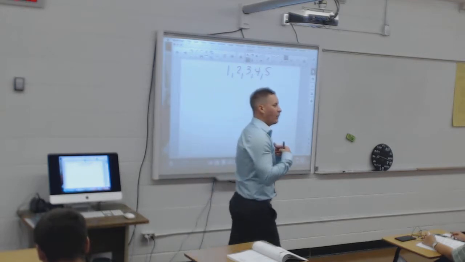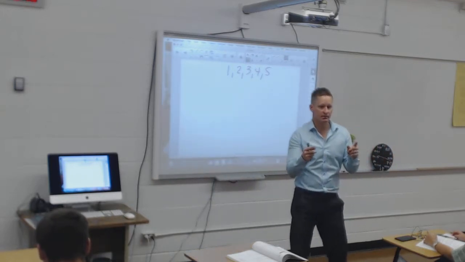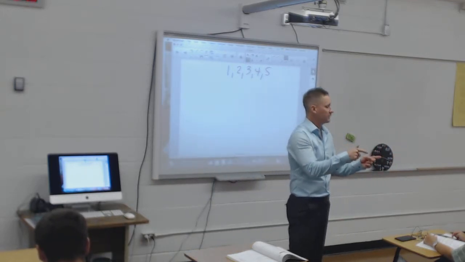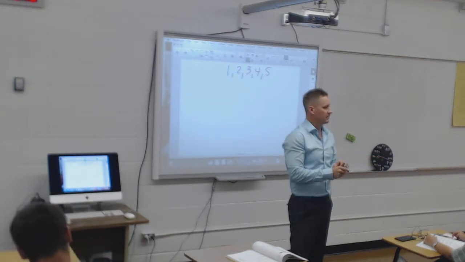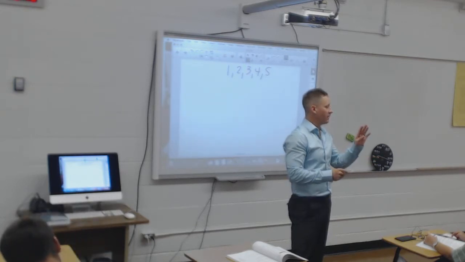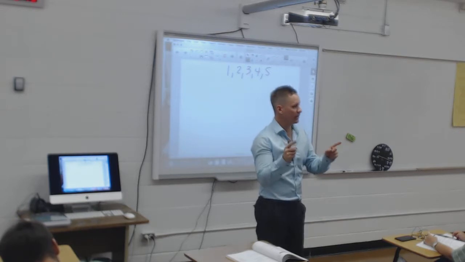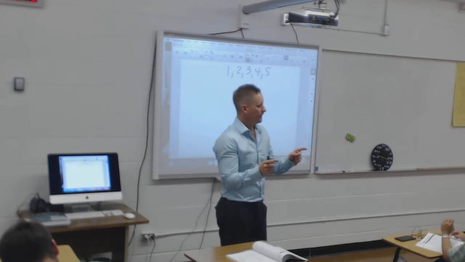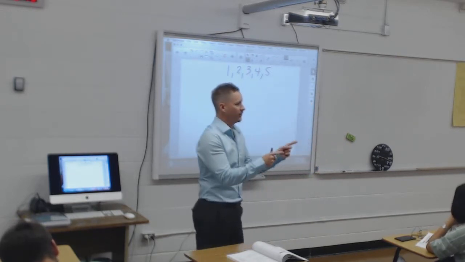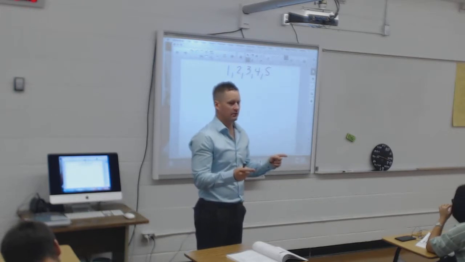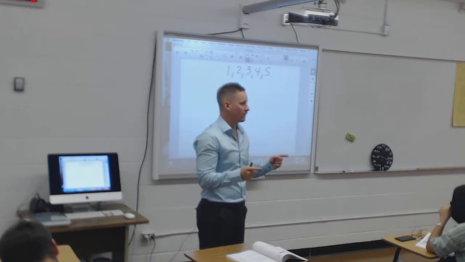Now I got to say to myself, which one of those restrictions affects both? Because remember, I can only use the one number once. So which one of those numbers is going to have an impact on the first and the last digit? The 4.